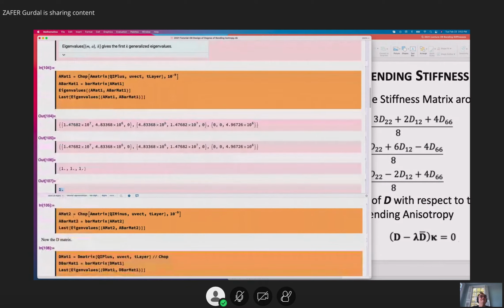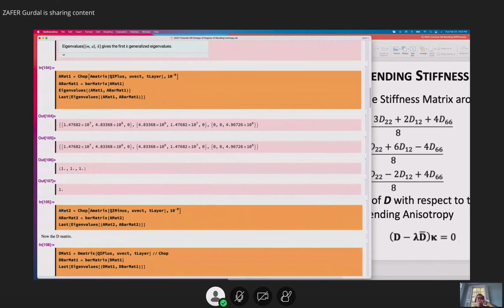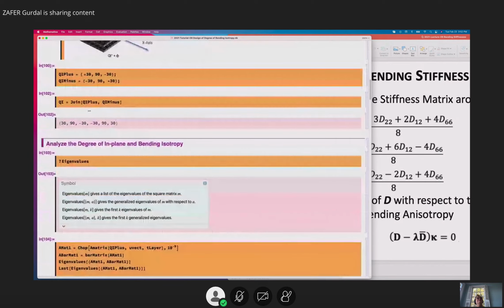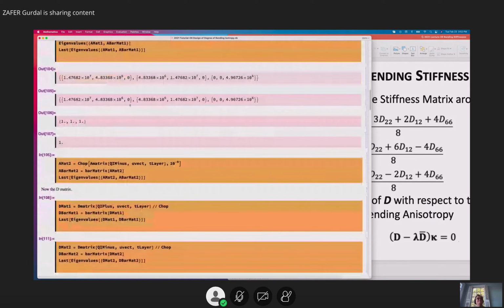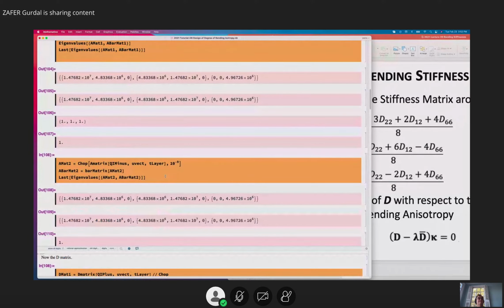All right. The A2 is my QI minus. This is the 3-ply with the minus layup. This is this one. It starts with minus. And if I execute this one, again, identical, all right?